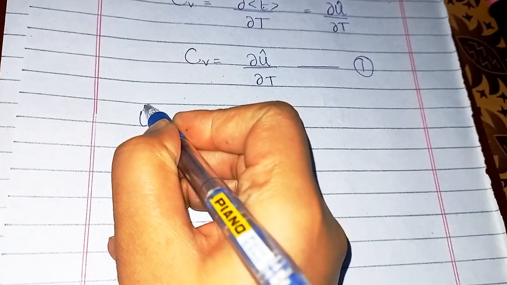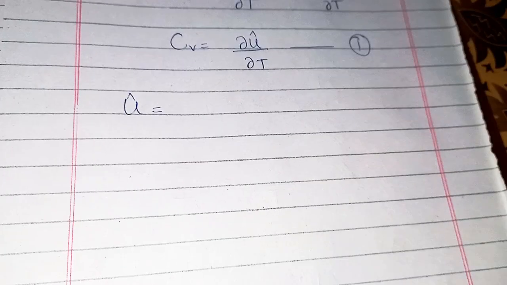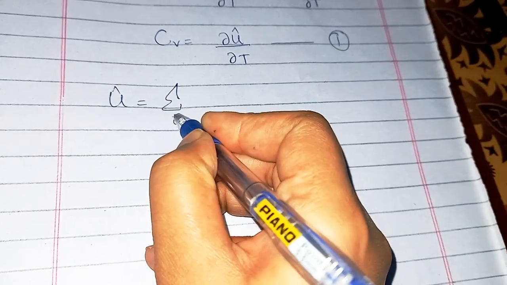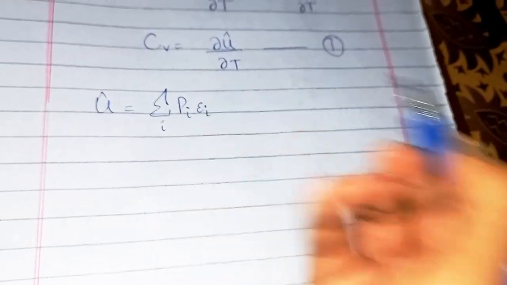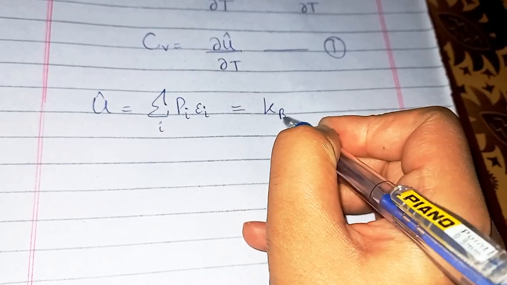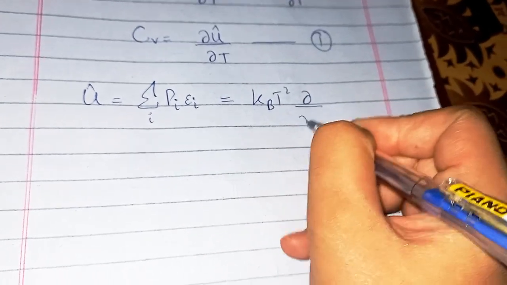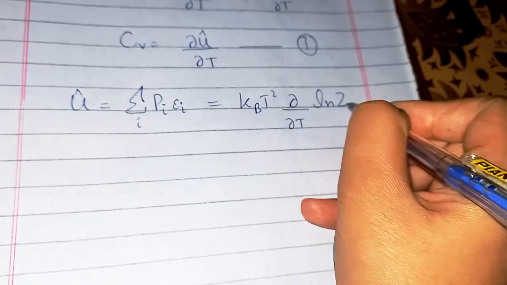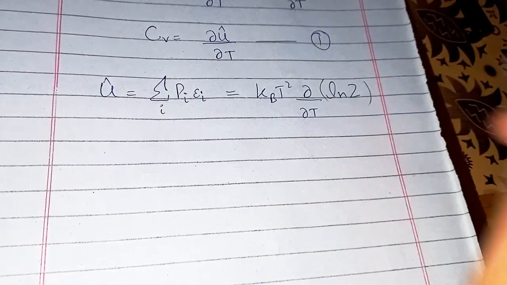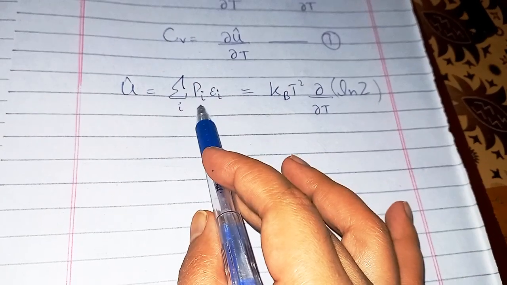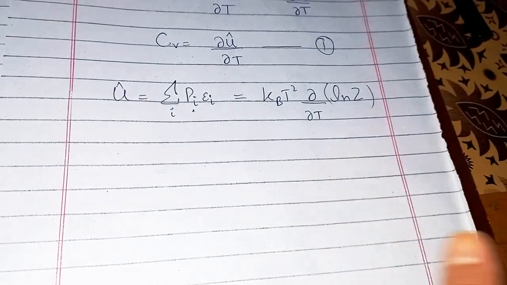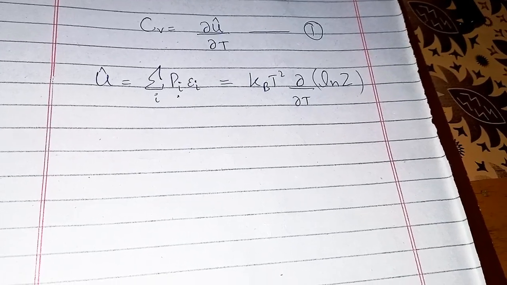So we know that U bar equals, there are actually two different formulas that you can use. One is summation i p_i E_i, the one that we used in problem 21 as well, and another one is k_B T square partial by partial T natural log of Z. That is another formula that we can use. Since I have used the first formula previously, I'm going to use this one just to have some variety.